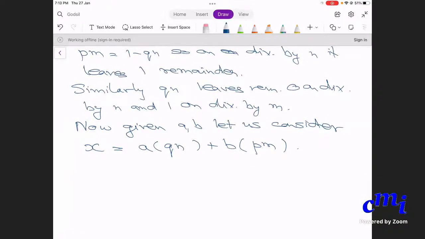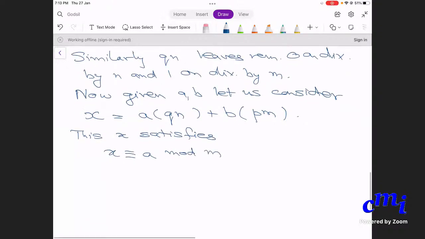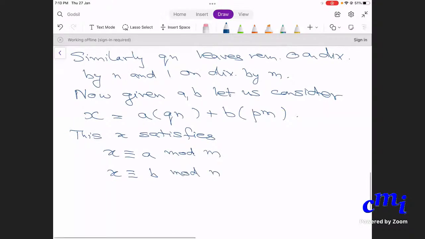So this x satisfies both conditions. This x satisfies x is congruent to a mod m and x is congruent to b mod n. We can check this. That means on division by m, it should leave a remainder of a. On division by n, it should leave a remainder of b.